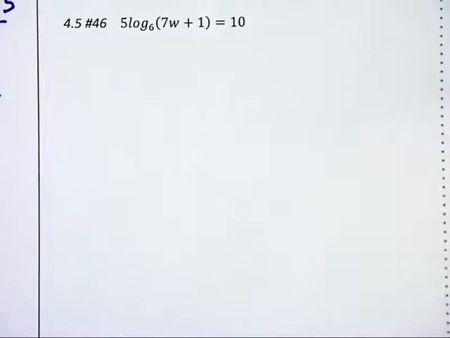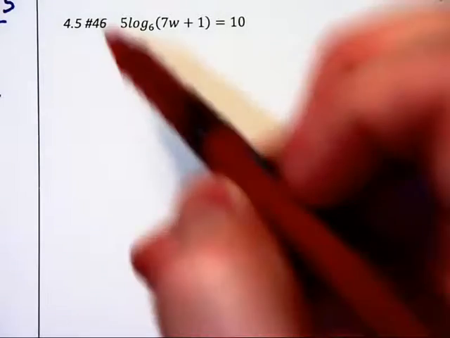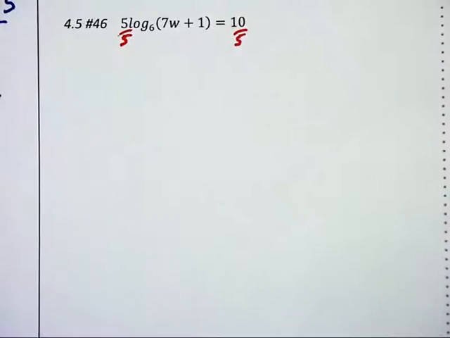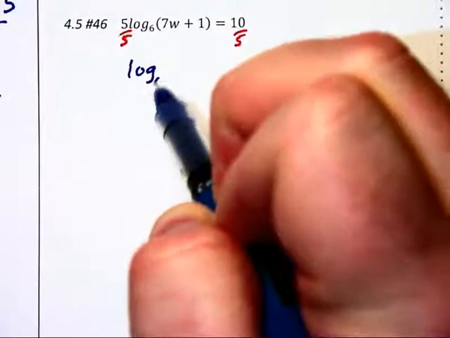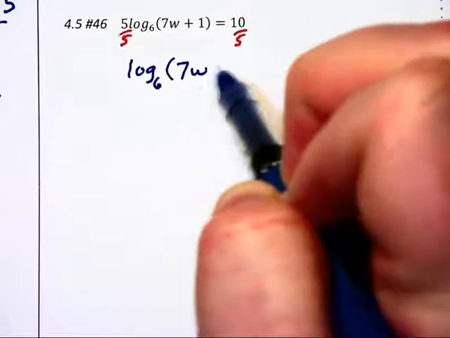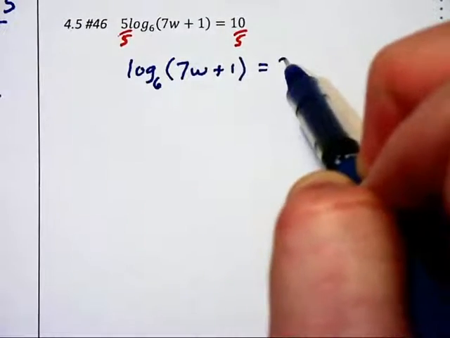In this next problem, first thing we probably want to do is divide off that 5 that's in front. Try and get that log by itself. That gives us log base 6 of 7w plus 1 is equal to 2.